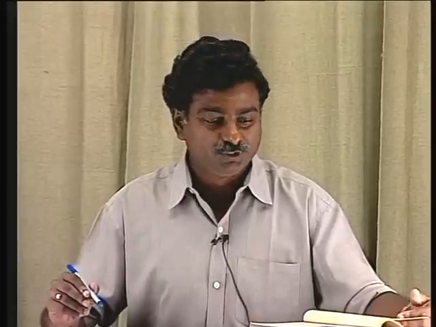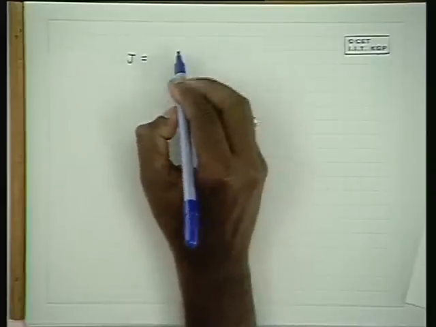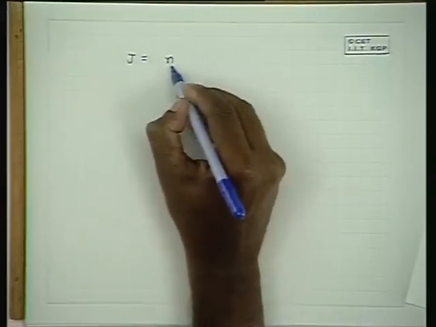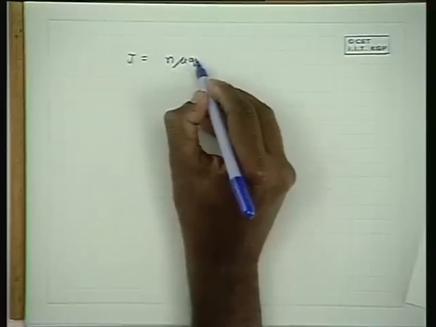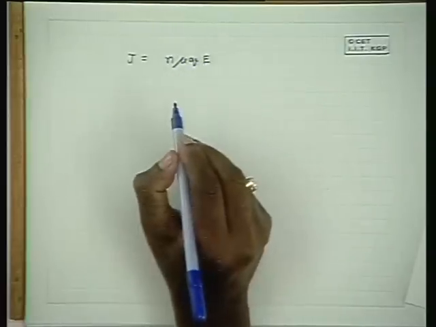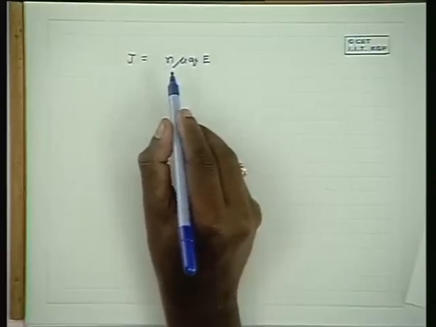In the earlier class we considered only one type of charge carrier, and we got the current density as n mu q E, where n is the charged particle concentration.